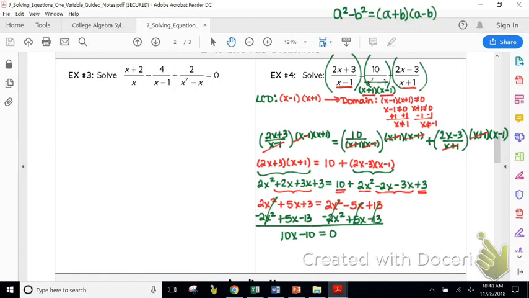Well look at this one. It ended up that the 2x squared is canceled, right? So we're not going to have to factor. So we're just solving for x now. What am I going to do? Add the 10. So, 10x equals 10.